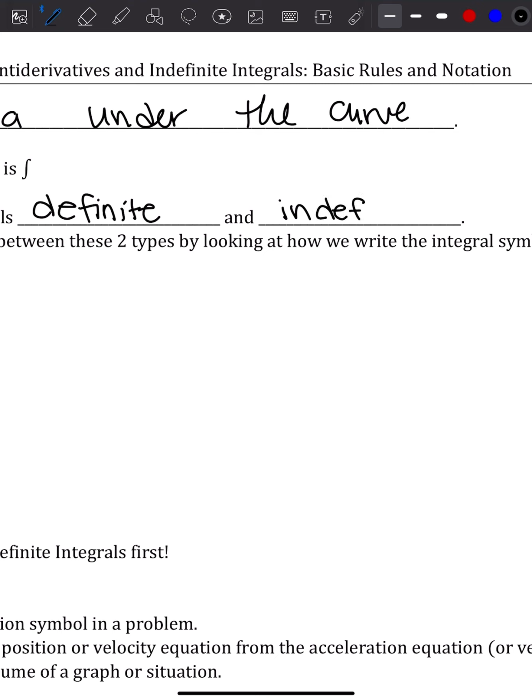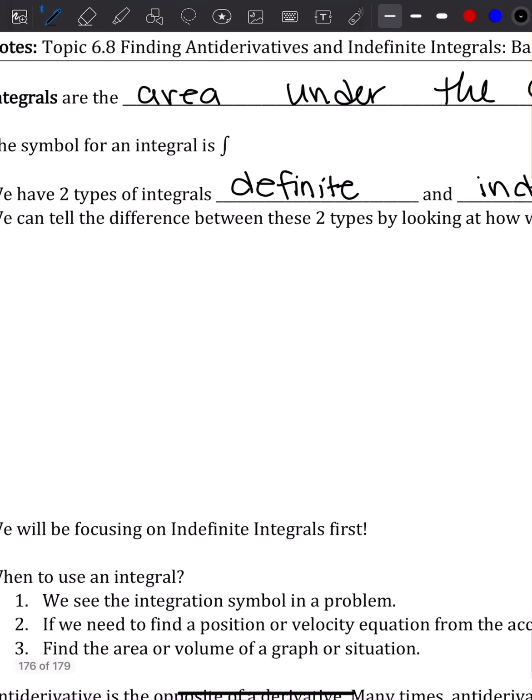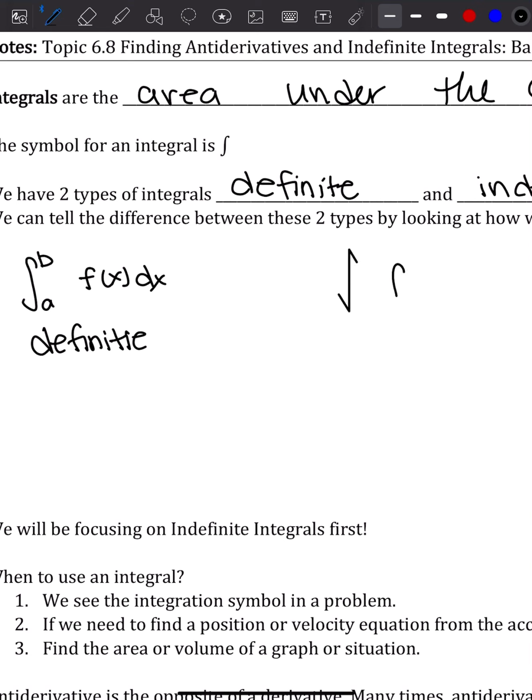Definite ones are the ones that have an interval a to b, so a starting and ending value, versus an indefinite integral, which doesn't have our starting or ending value, which really just means it's like we're talking about one infinity towards the other infinity.